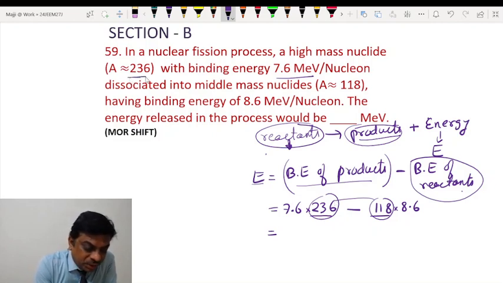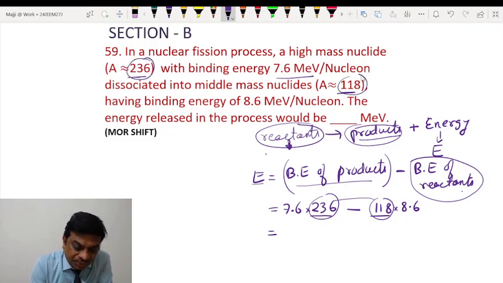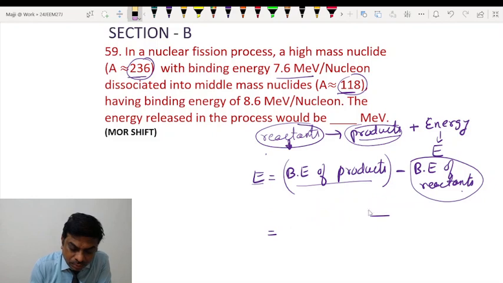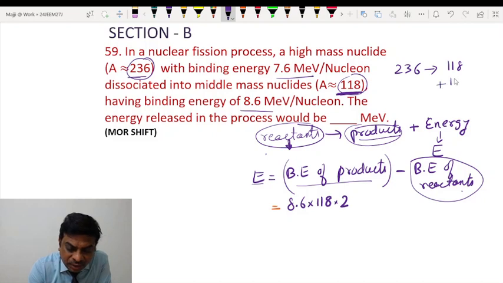But as you know, a heavy nucleus should get divided into two parts. So there will be two. So here the product is this: 8.6 into 118 into 2, because 236 will give rise to 118 and 118 two times.